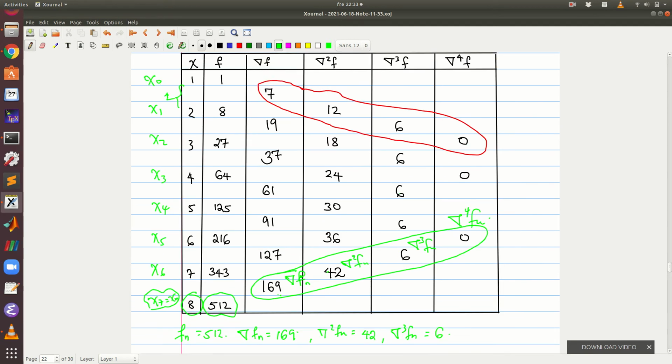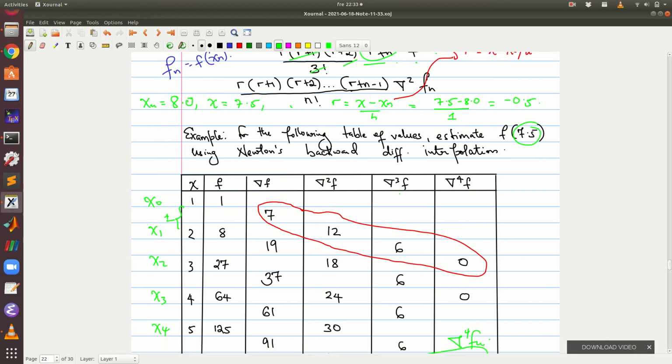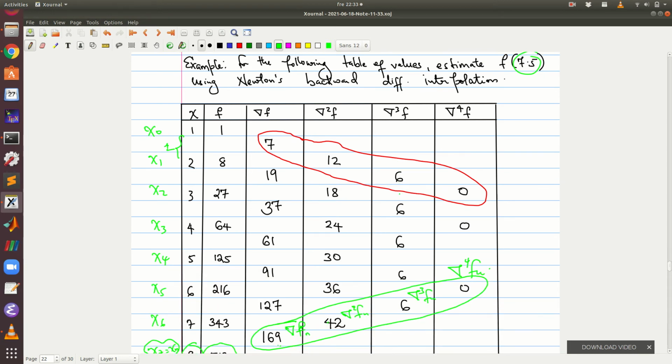For the backward differences, we substitute and we should be able to get the solution which is in the textbook here. So the rest is going to be a substitution. I hope you can be able to do it.